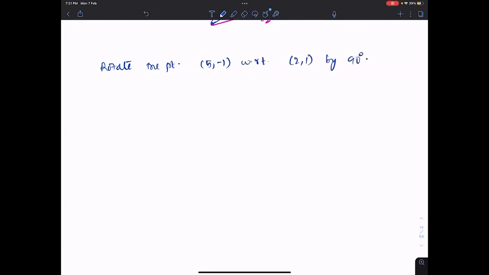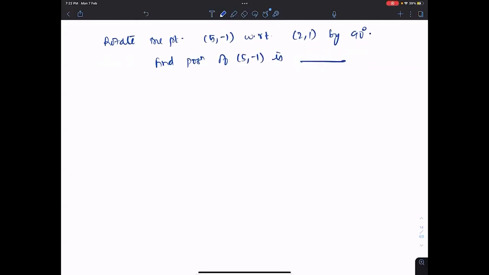Then the final position of (5, minus 1) is dash. That means which point are you rotating? (5, minus 1). Let's see, randomly I'm drawing. Don't think geometrically, sir, that is not where (5, minus 1) will be. It doesn't matter how you draw. (5, minus 1), let's say it is B.